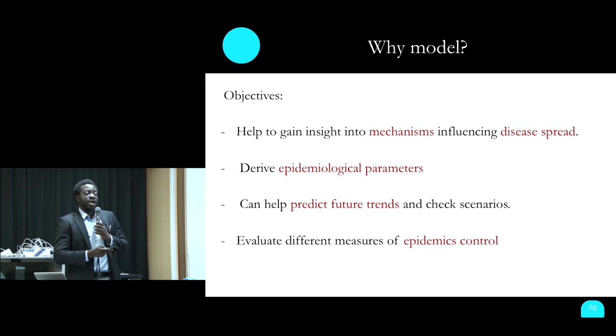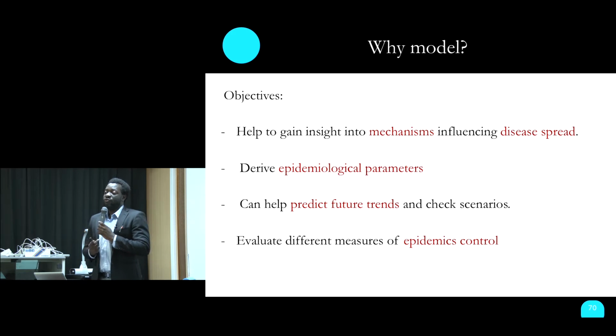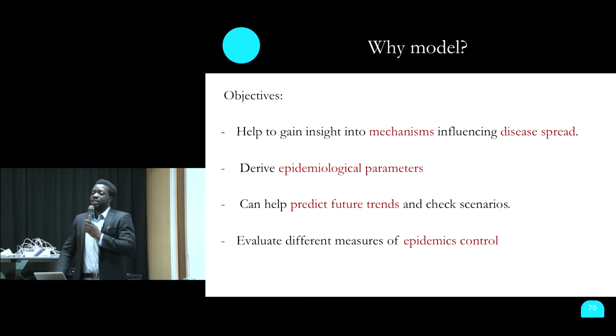With a mathematical model, we can get an insight or understanding of the mechanisms that influence disease spread or disease control within a population. We can also estimate some epidemiological parameters, and it helps us predict future trends. A very common mathematical model that you are very used to is the weather forecast.